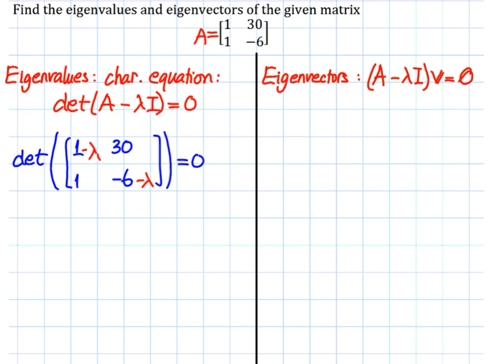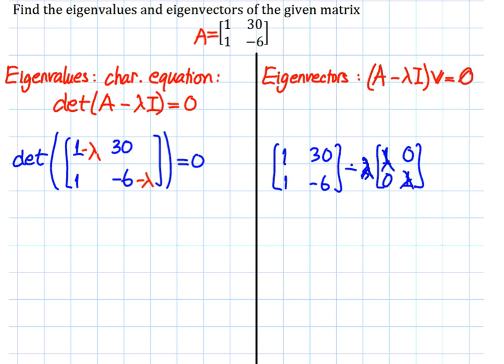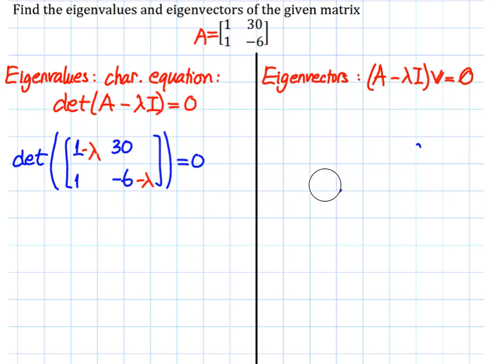So pretty much we have the matrix A, if we rewrite that, minus lambda times the identity matrix, where we multiply lambda in, and then we subtract. So pretty much we just subtract lambda on the diagonals from the matrix A.